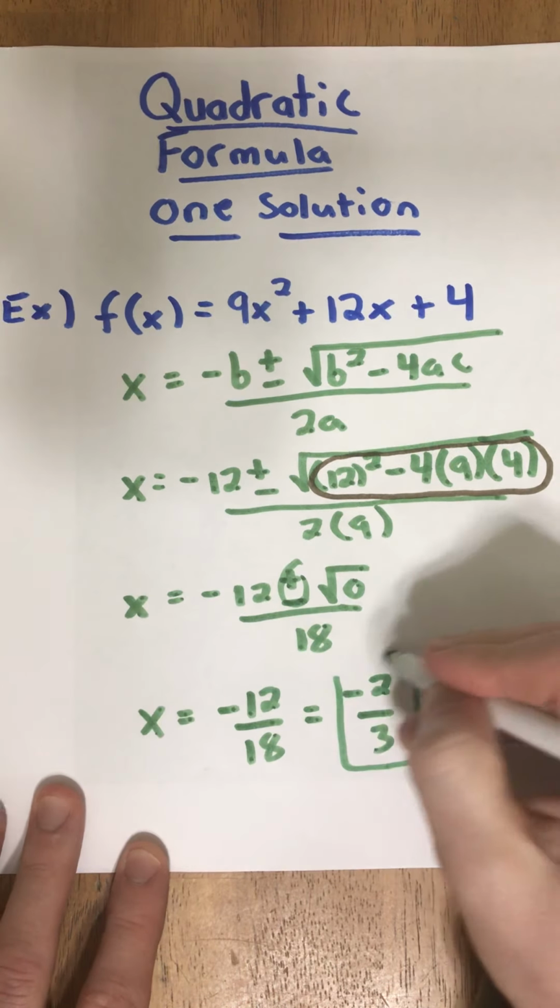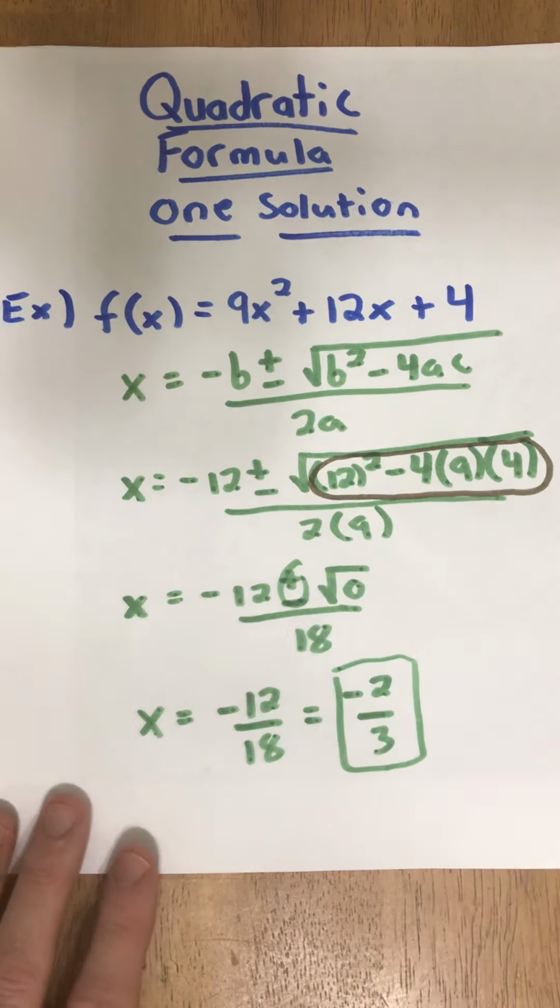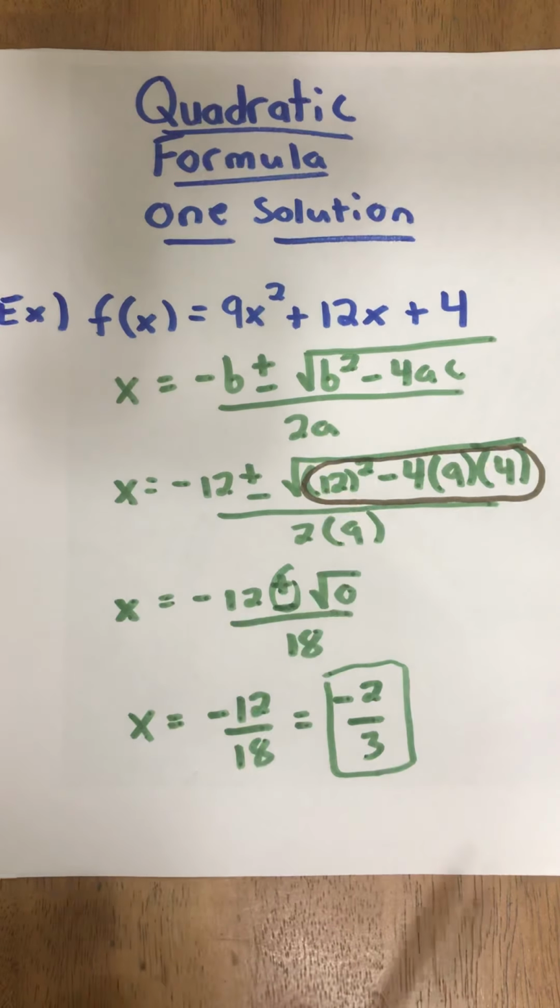Now notice, this is only one value for x. This is a type of quadratic function where we only have one solution, where our parabola is only going to hit the x-axis in one spot.